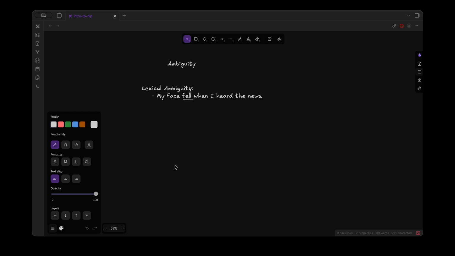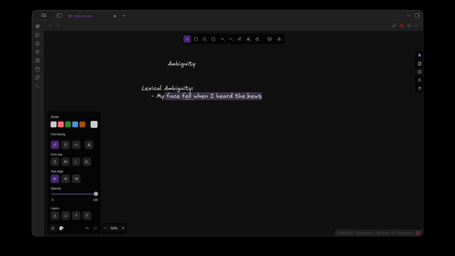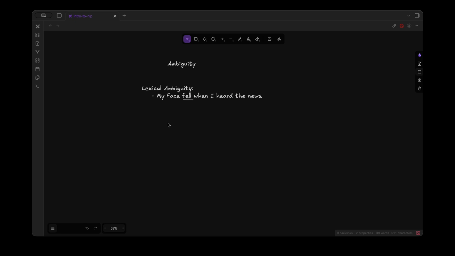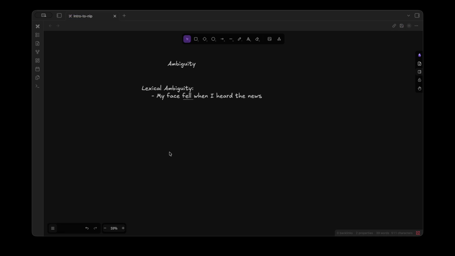This might be the exact word by word translation: my face actually fell, but that's not what happened, right? So this is lexical ambiguity. The next thing is syntactic ambiguity.